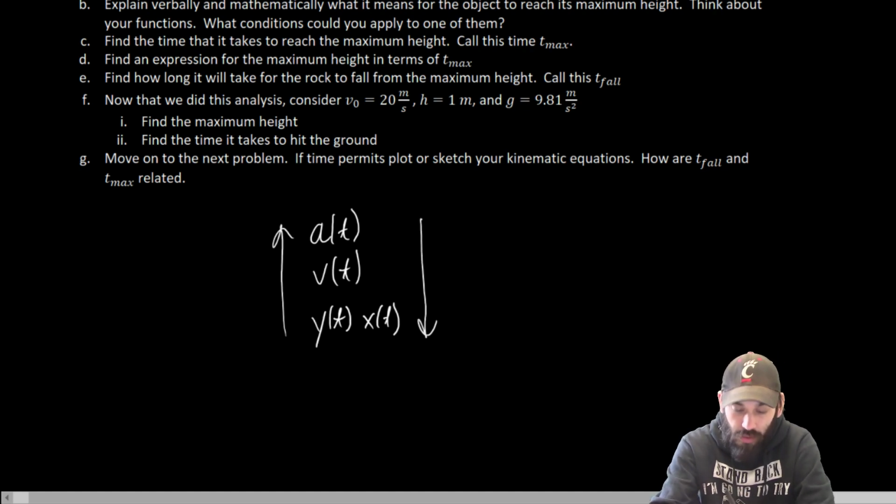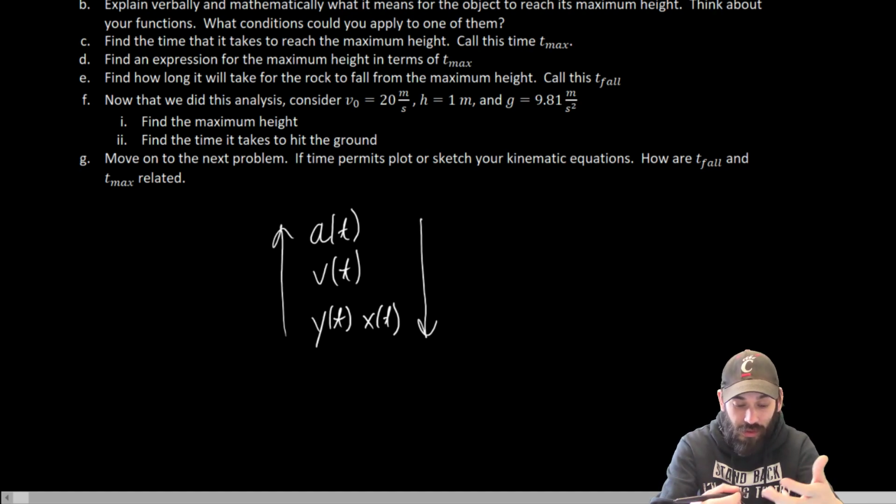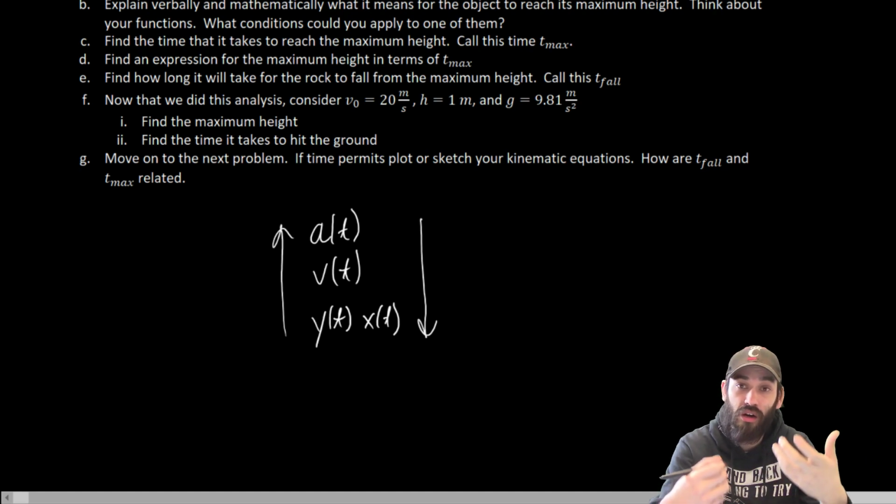And so we know the relationship between the position and the velocity is such that the velocity is going to be the time derivative of the position.